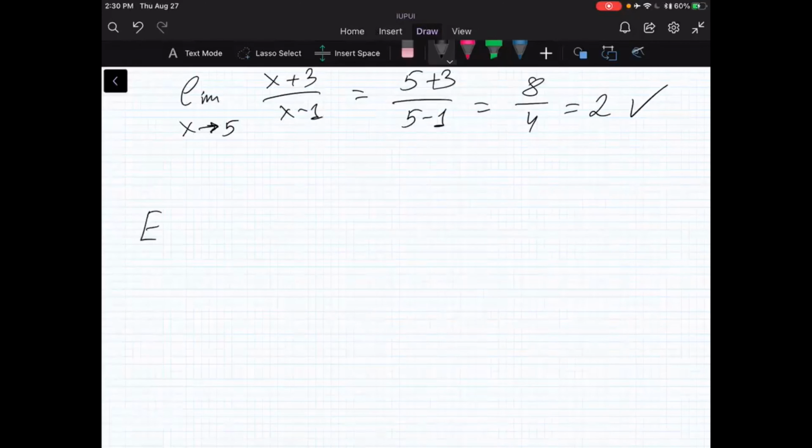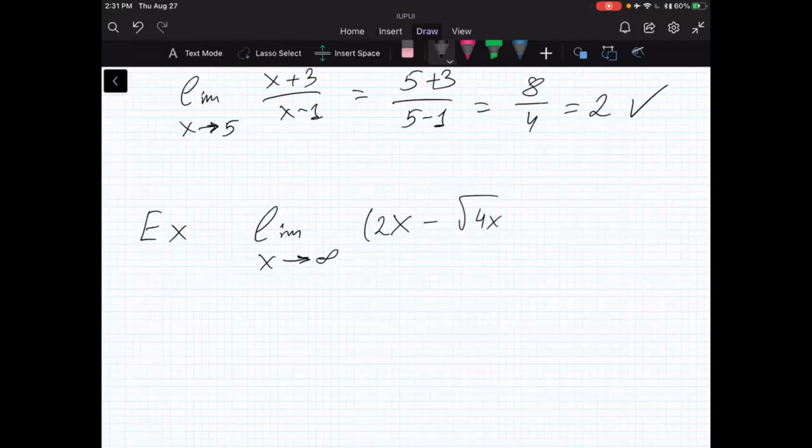Say you have a limit when x goes to infinity of x minus the square root of 4x squared plus 3.